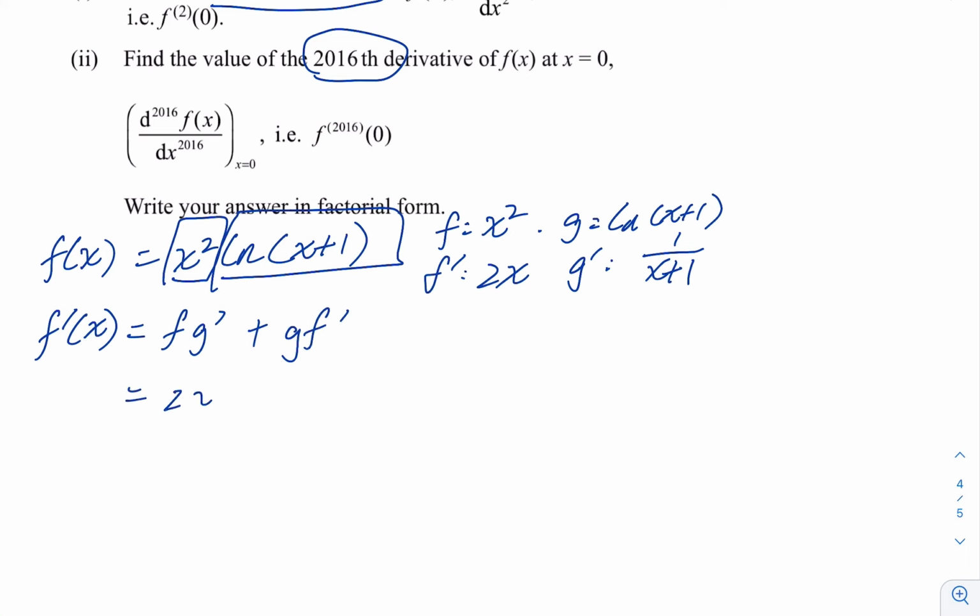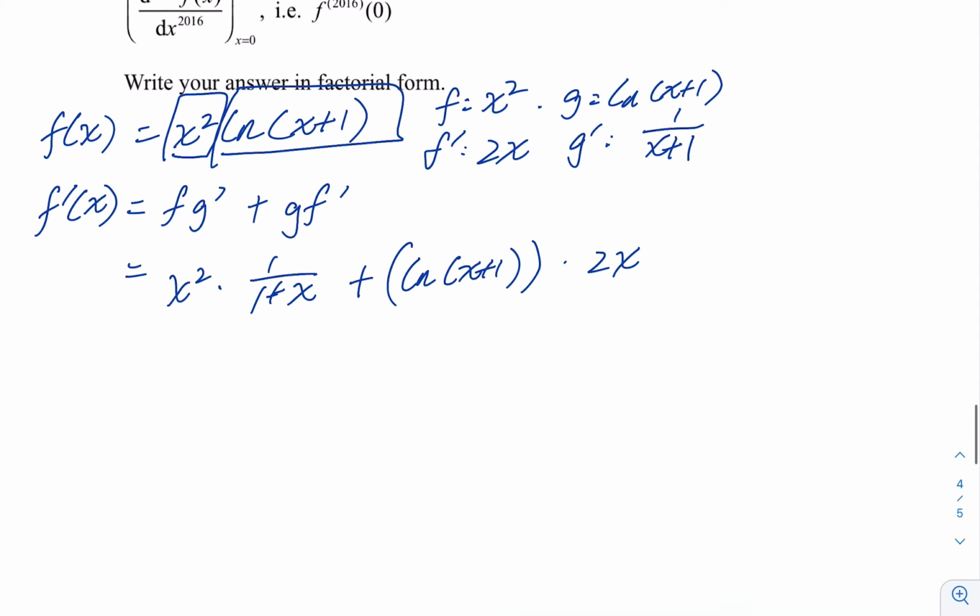So, it's going to be... sorry, that was a mistake. f is x squared, g dash is 1 over 1 plus x, plus ln(x plus 1) times f dash, which is 2x, sorry.